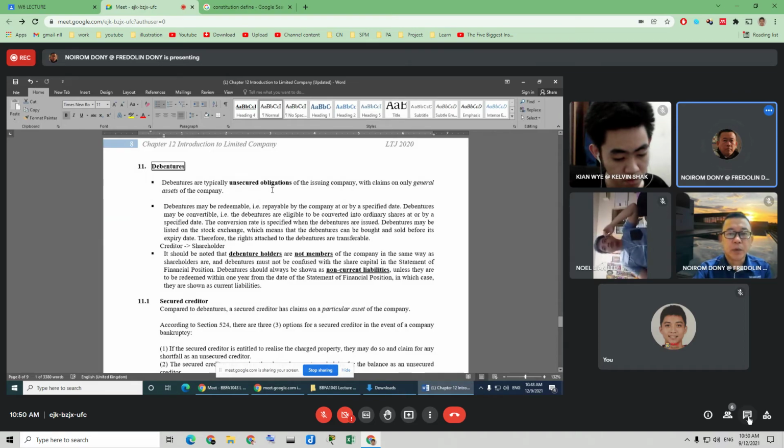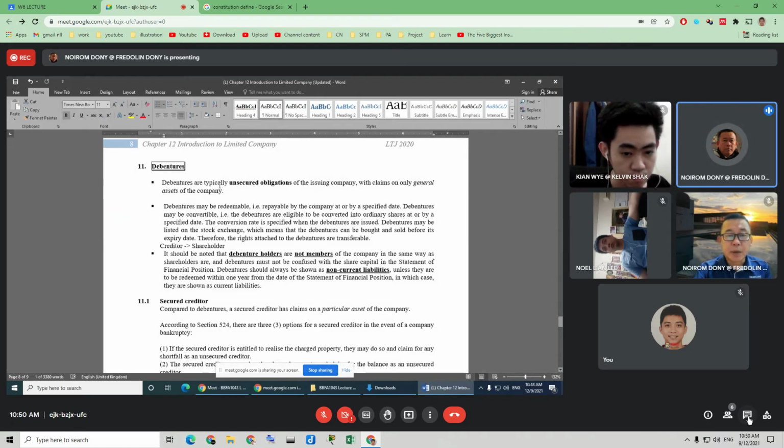Unsecured means that in order to get debentures, the company does not have to put up an asset in case they fail to pay, where the debenture holders would take over the asset. No need. This is unsecured, meaning the company need not put up an asset to get these debentures.